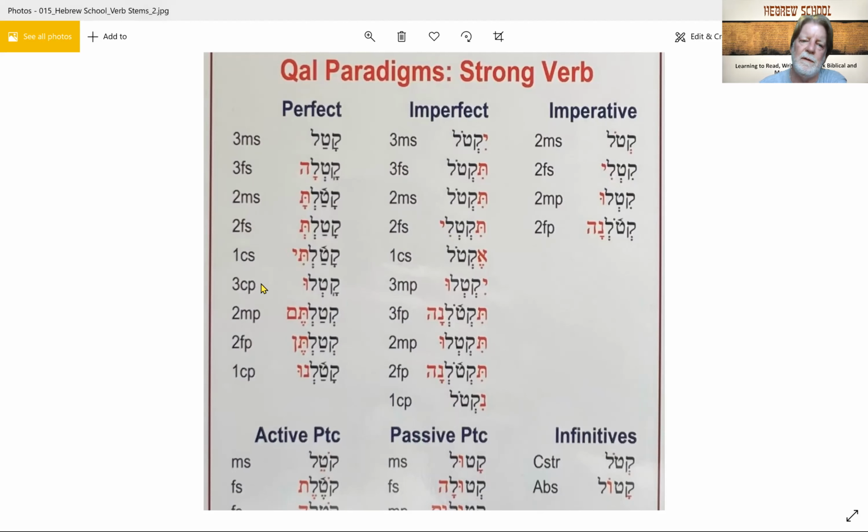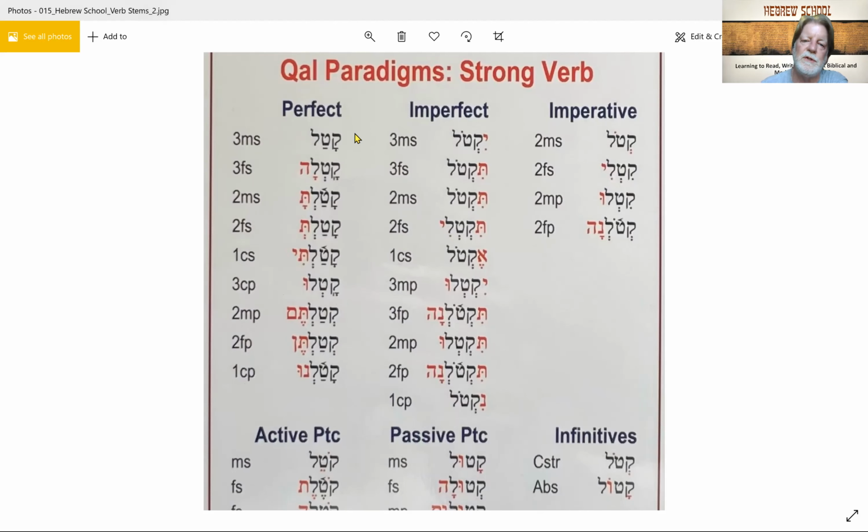So what third person would be, they. Then we've got the second person masculine plural, second person feminine plural, and first person common. First person is I, and it's common because gender doesn't affect it.